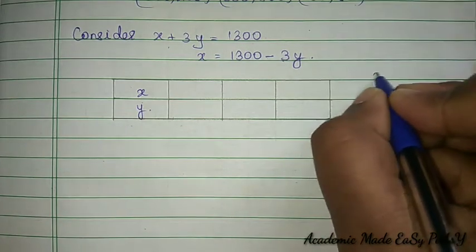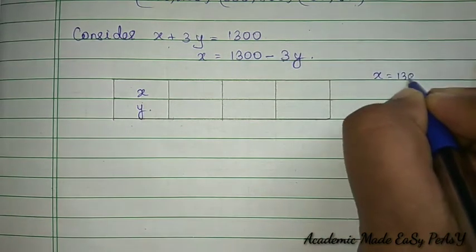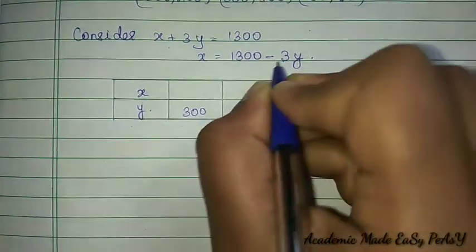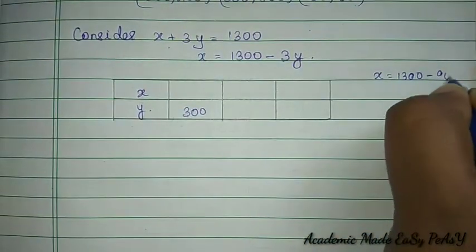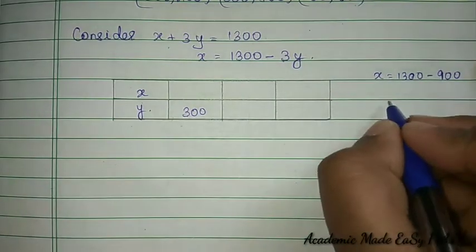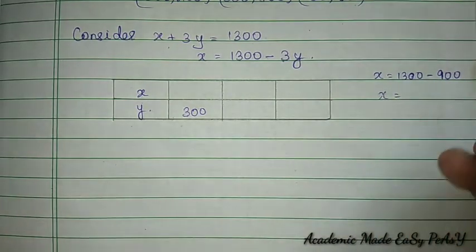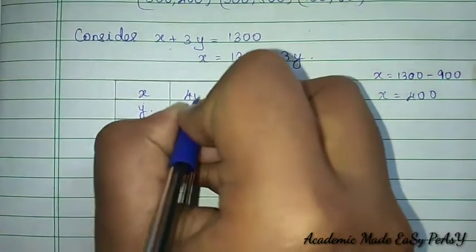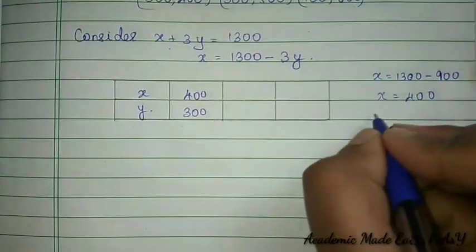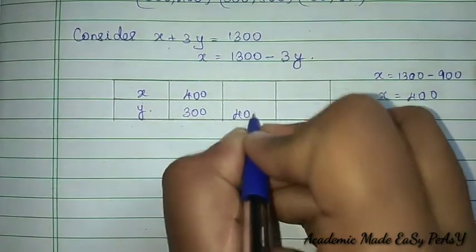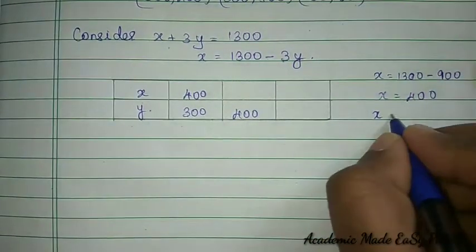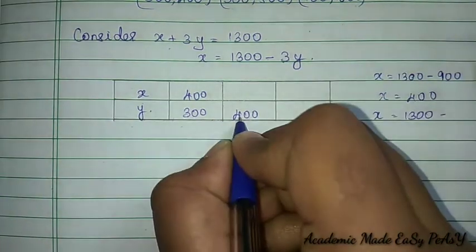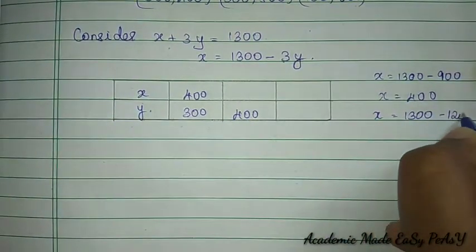So x is equal to 1300 minus 3 into 300, it is 900. So x is equal to 1300 minus 900, it is 400. So I will have 400 over here. And next, if I have 400 over here, I will have x is equal to 1300 minus 3 into 400, it is 1200.